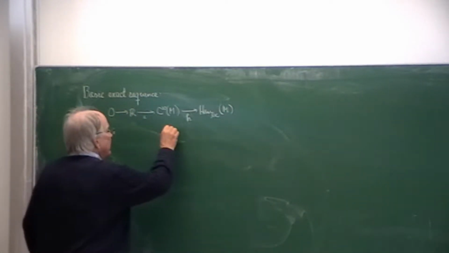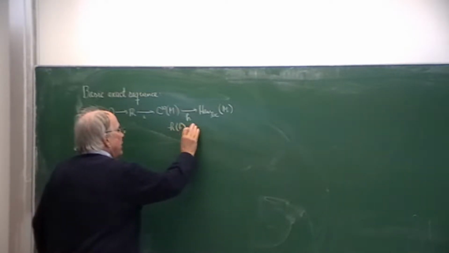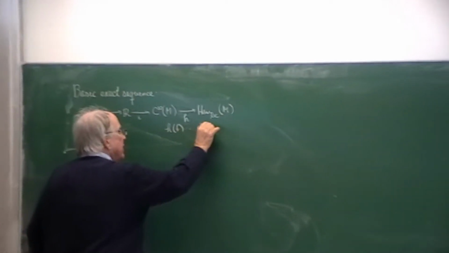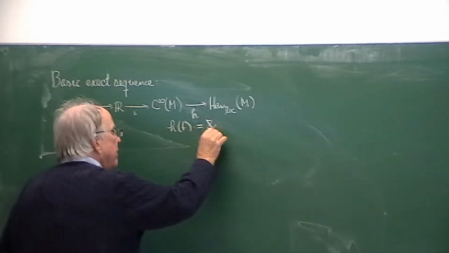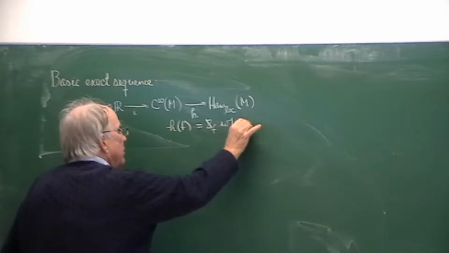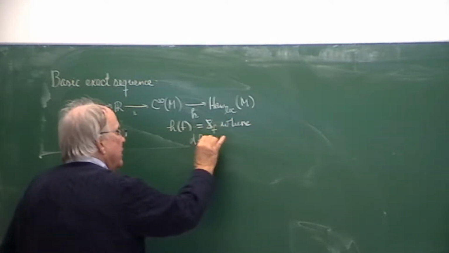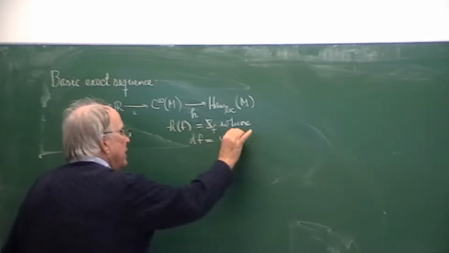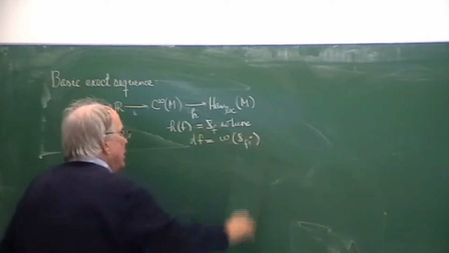And so this mapping H of F is defined by taking df. So H of F is equal to X, I use X sub F, where df is equal to omega of X_F, so the contraction of X with omega.